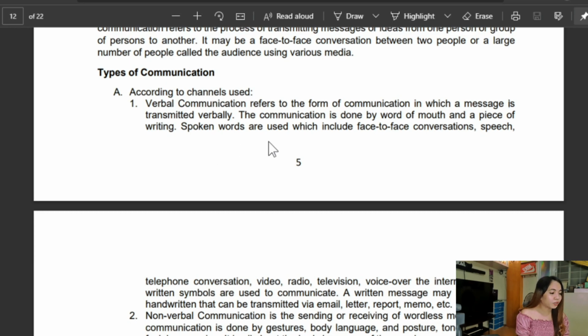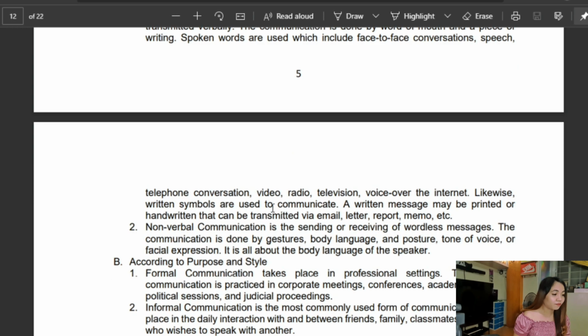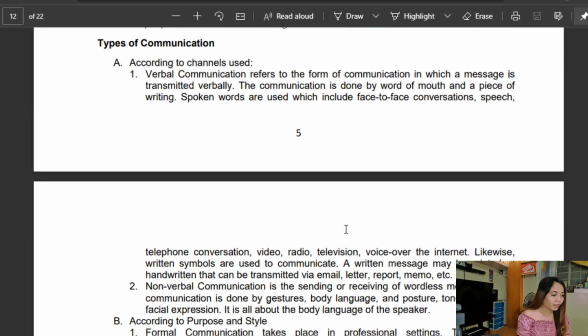Spoken words which are used include face-to-face conversations, speech, telephone conversation, video, radio, television, voice-over, internet. Likewise, handwritten symbols are used to communicate. A written message may be printed or handwritten, and can be transmitted via email, letter, report, memo, and etc.